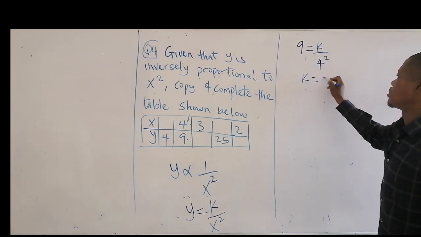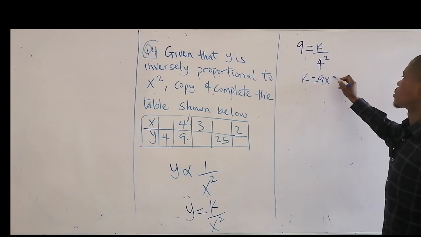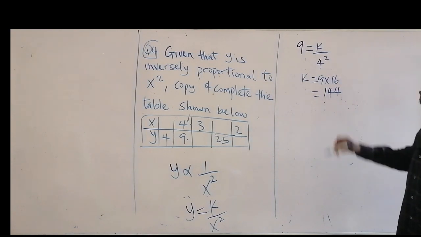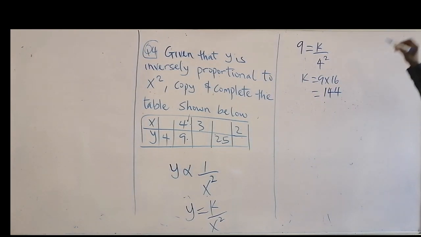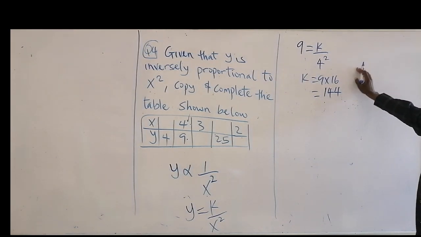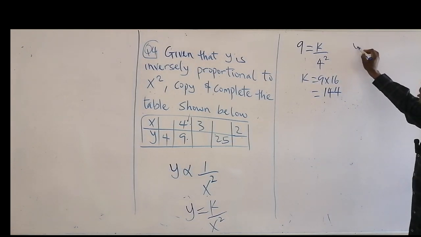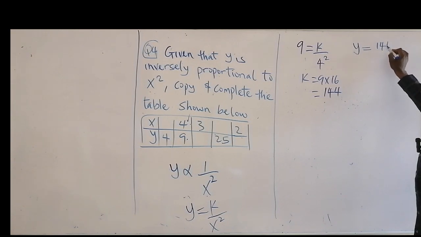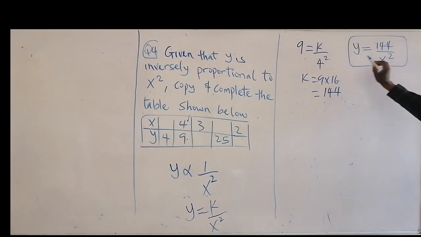So k is equal to 9 times 4 squared, which is 16. So that will give us 144. If you multiply 16 times 9, that's 144. So then we can connect the relationship together, and that will be y equals 144 over x squared. That's the relationship that connects the two variables together.